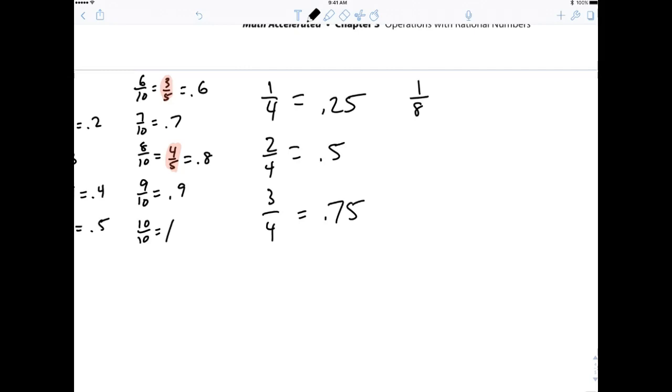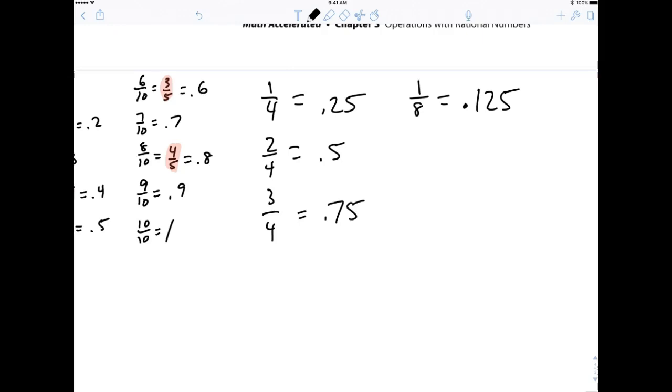So what's half of 25? 12.5. So the decimal for 1/8 is 0.125. I'm not expecting you to know that right now, but we're going to do it so many times that you should just know from now on, 1/8 is 0.125.